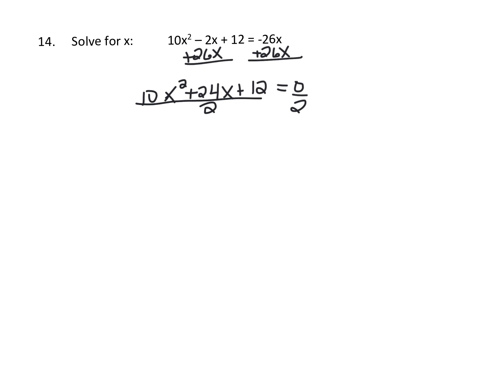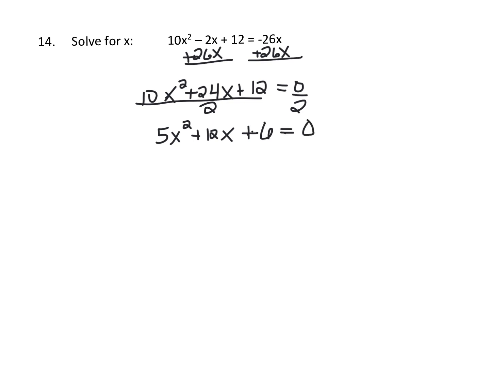So 10 divided by 2 is 5, so we have 5x squared. 24 divided by 2 is 12, so we have plus 12x. And then 12 divided by 2 is 6, so plus 6. Equals 0. Okay, 0 divided by 2 is 0.